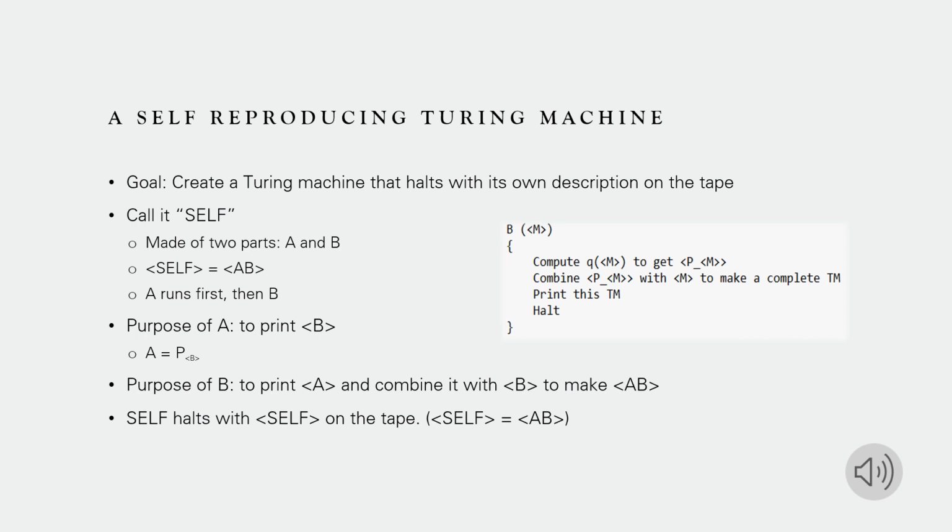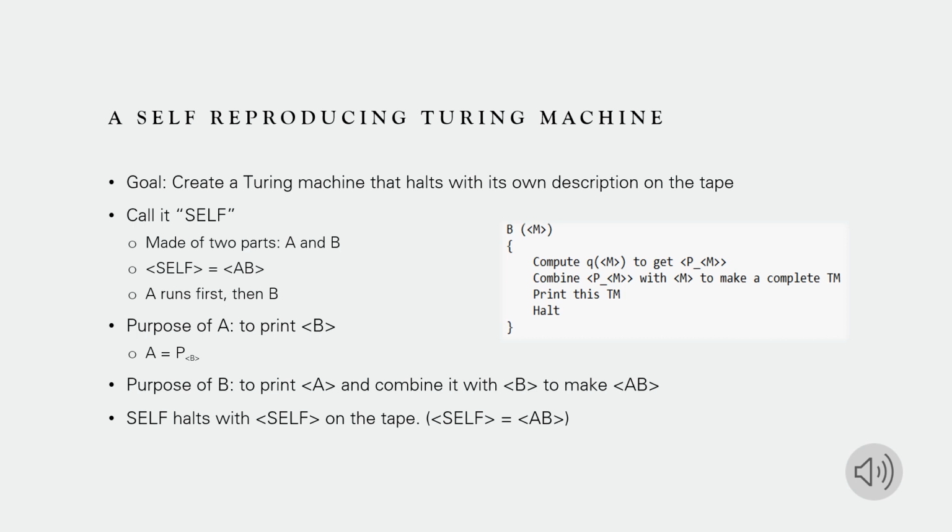Let's look at how B works. Here in the function B, we input M. So here M is actually the description of B itself. Inside, using the computable function, we compute Q of M to get P of M. And P of M is actually the same as P of B, which also equals A. So next we combine the P of M with M to make a complete Turing machine.